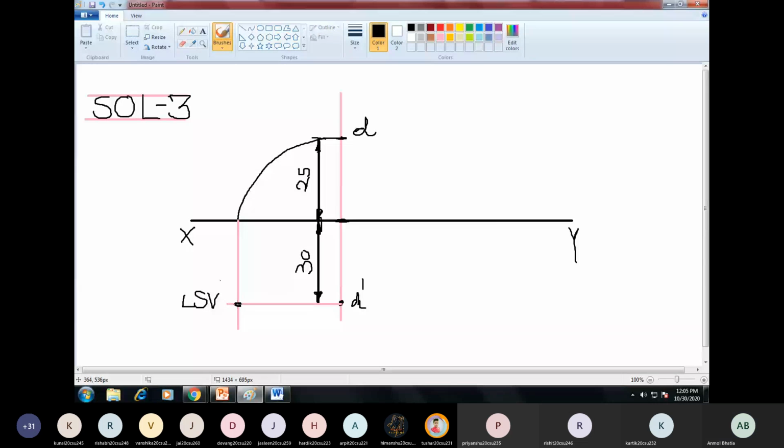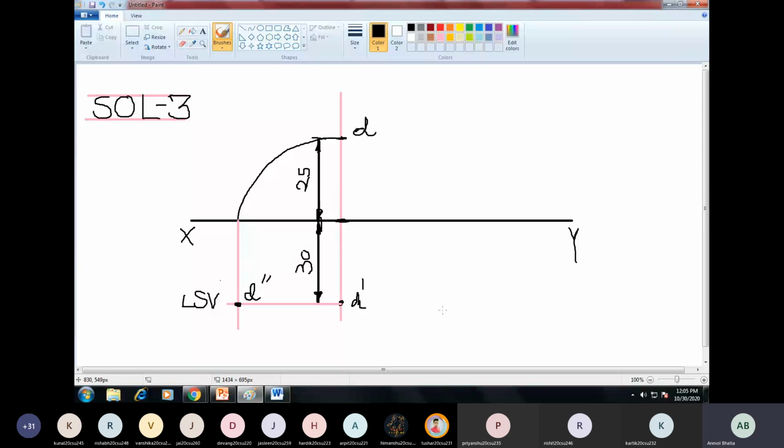Okay, so this one is the side view which is represented as d double dash, right? In this question, if the right side view is required, I'll make the arc this side and the right side view will be made on this side, on the right side.